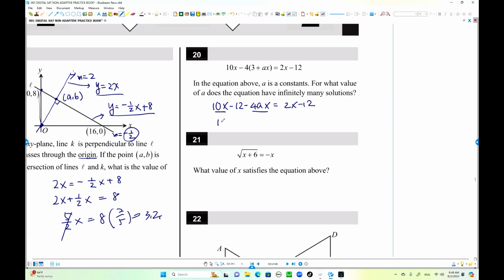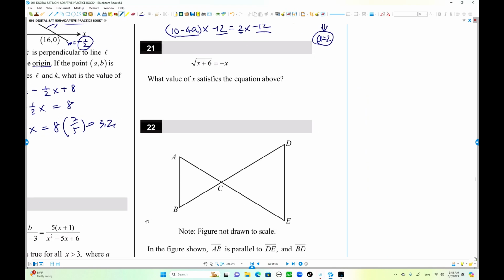Two like terms there. 10 minus 4a times x and minus 12 must be equal to 2x minus 12. Constant equals constant. The coefficient of x must be equal to 2, right? 10 minus 4a should be equal to 2. Okay, so a equals 2, isn't it? 10 minus 8 is 2, right? A equals 2. That's the answer.